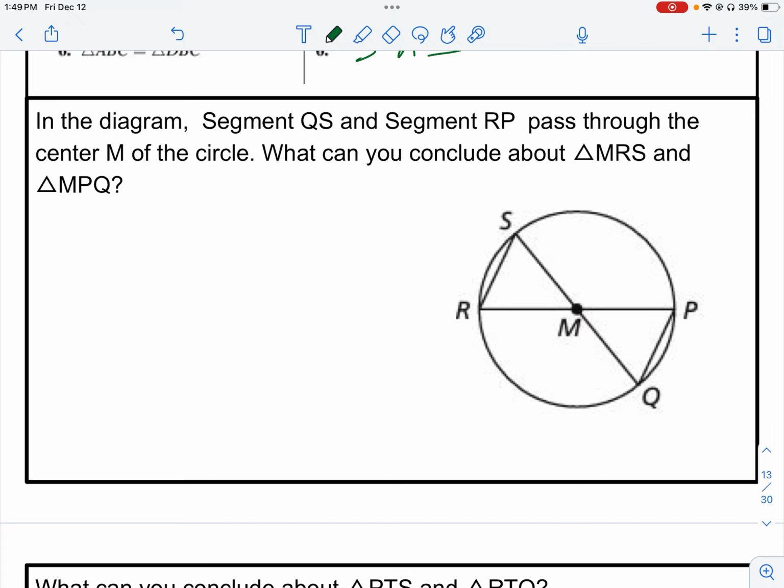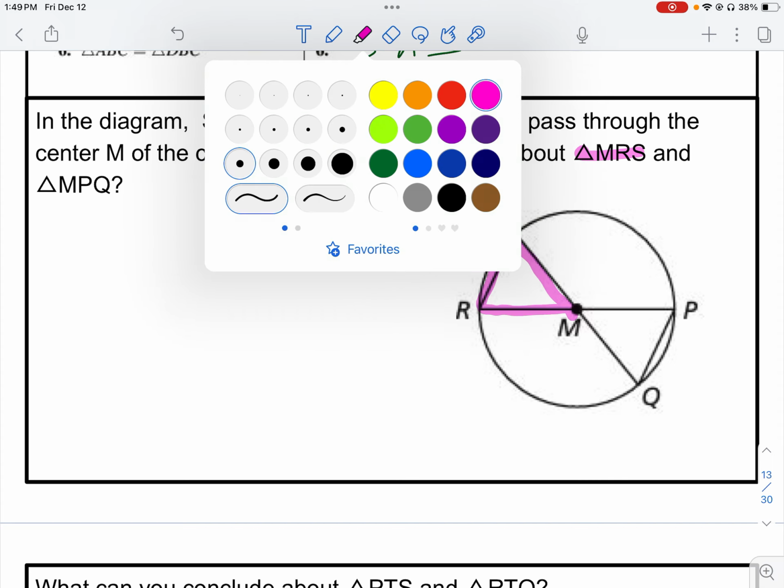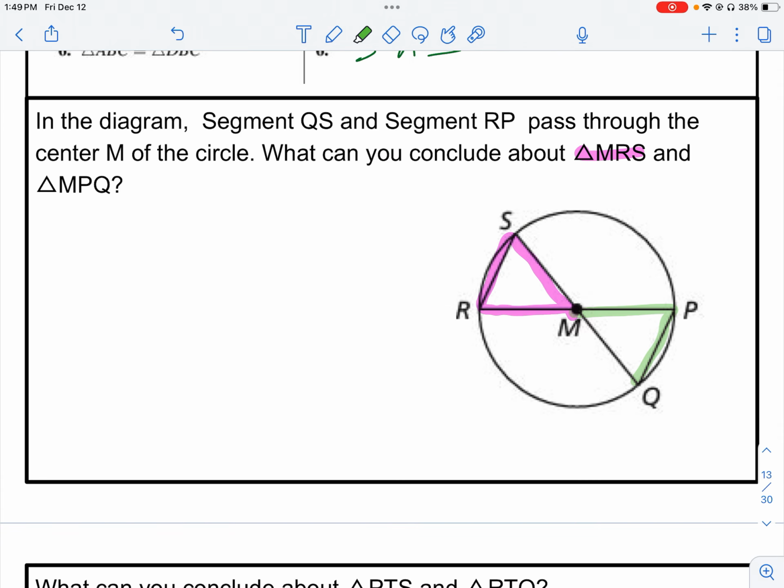All right. Let's take a look at another example and see if we can show that triangle MRS and triangle MPQ are congruent. We know that segment QS and segment RP pass through the center of the circle M. So M is the center of the circle, so on each side of M is a radius.